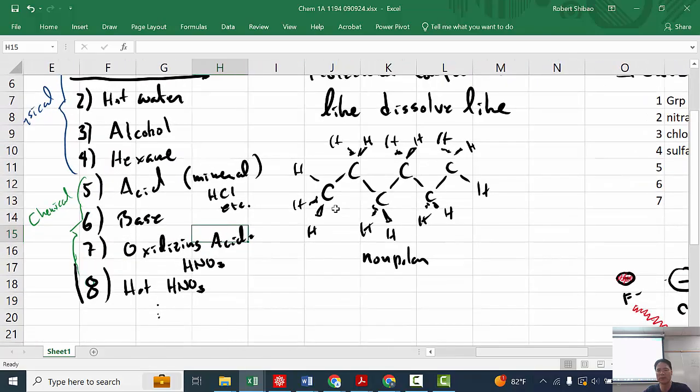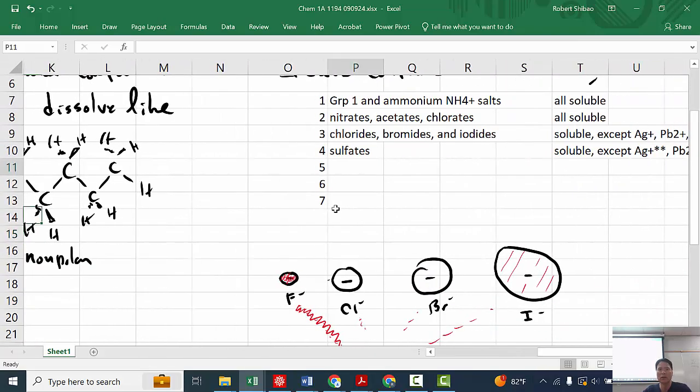All right, let's finish up this table since we started it. Okay, number 5, what do you look at next? You look at hydroxides next.